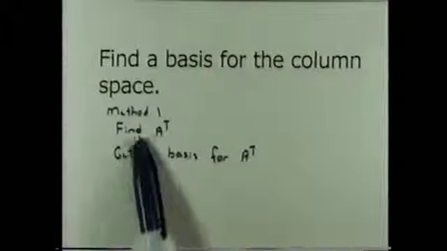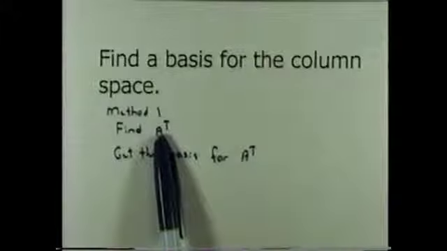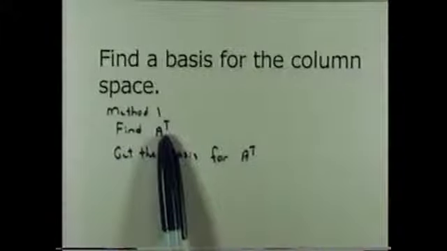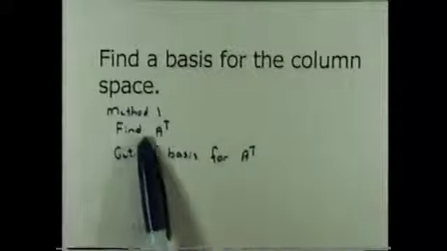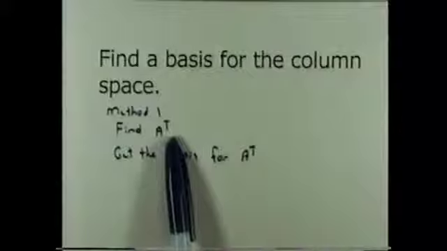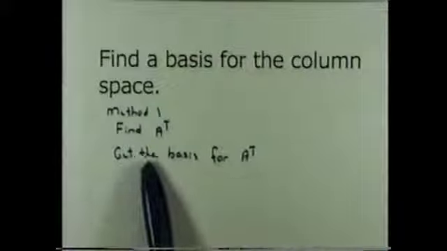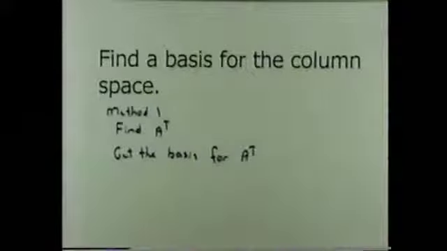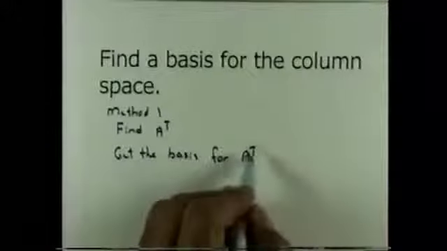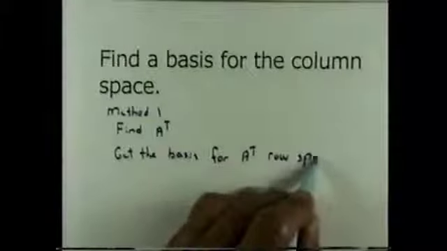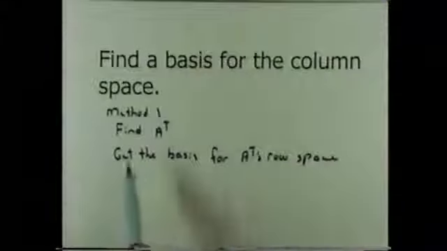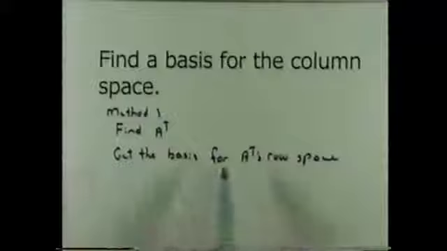And see why it would be logical. To find A transpose, I'm interchanging rows and columns. So what was the row now becomes the column, and what was the column now becomes the row. So find A transpose, get the basis for the row space of A transpose.